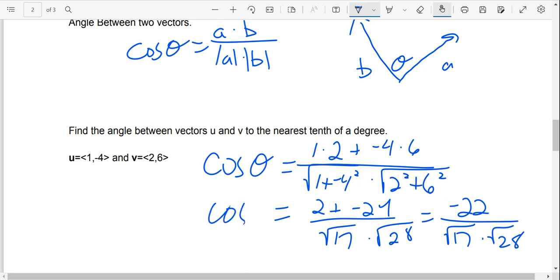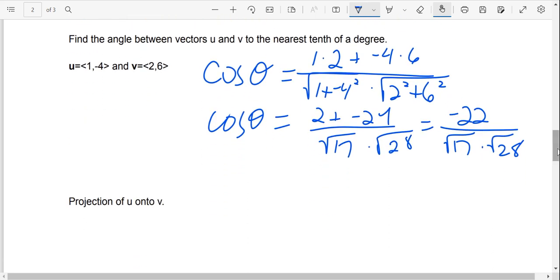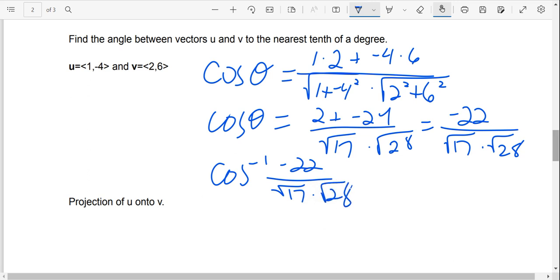I would like to see you write out inverse cosine of negative 22 over root 17 times root 28. And you will get an answer of, drum roll, about 147.5 degrees as your theta.